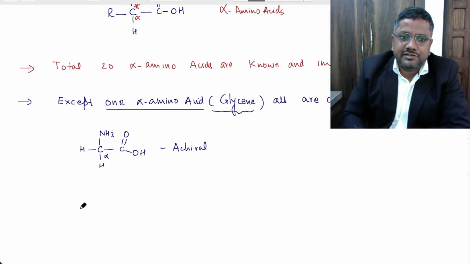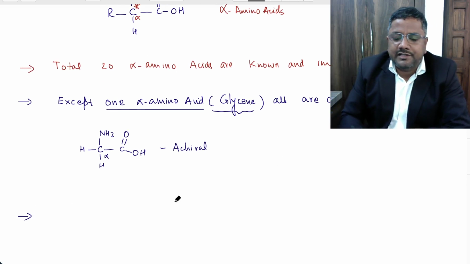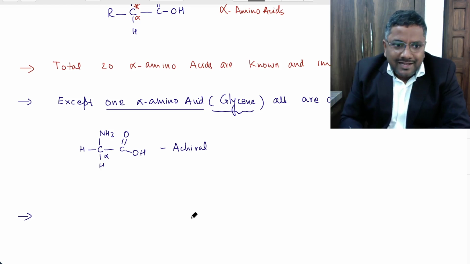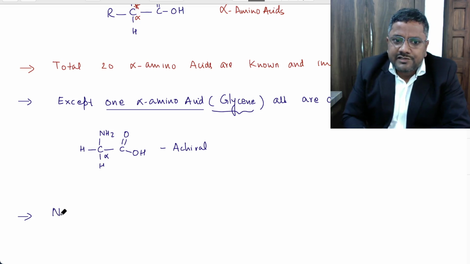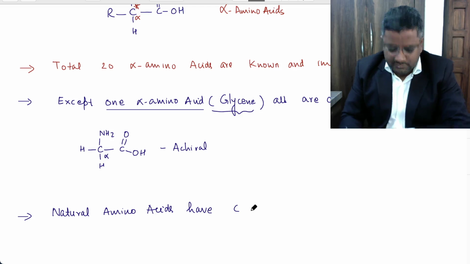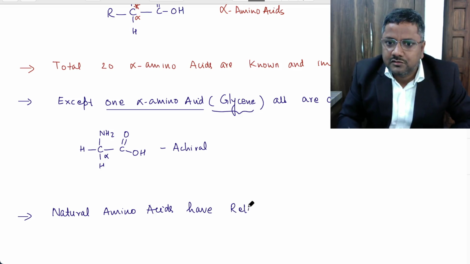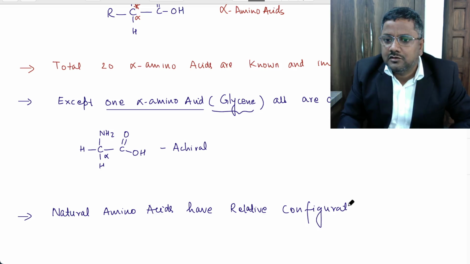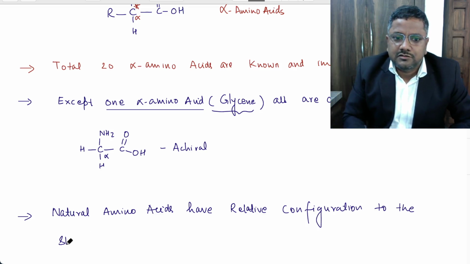The second observation is, like carbohydrates, capital D and capital L naming is also popular in amino acids, but natural amino acids are L. Amino acids have a relative configuration, not absolute configuration, relative to the stereogenic carbon.